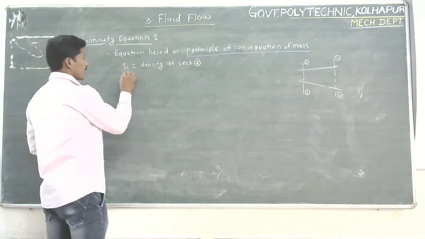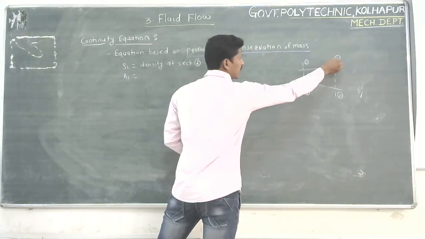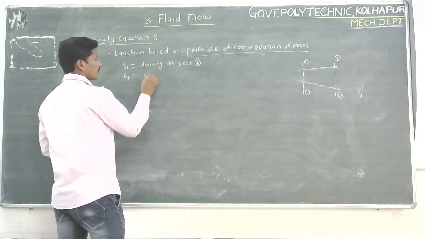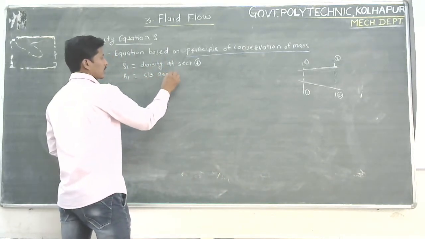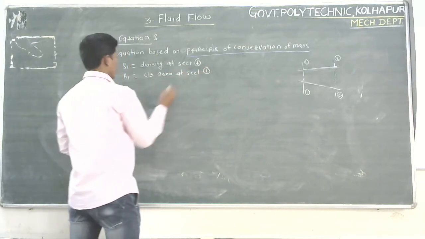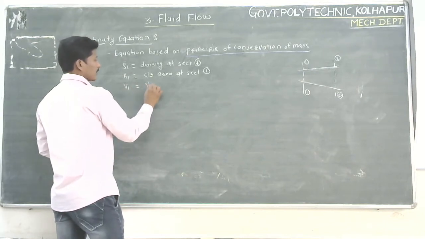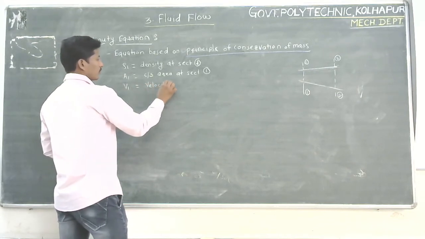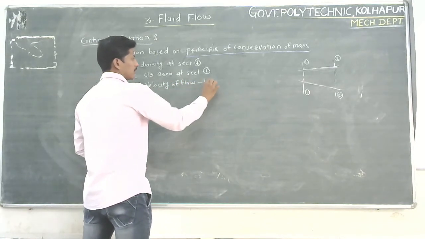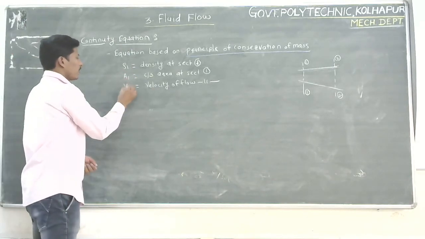Now we will consider the area. As it is a tapered pipe, the area at section 1 is less than the area at section 2, so the areas are also different. So there will be a cross-sectional area A1 at section 1. And next we want the velocity. That will be the velocity of flow at section 1, right? So density, area and velocity.